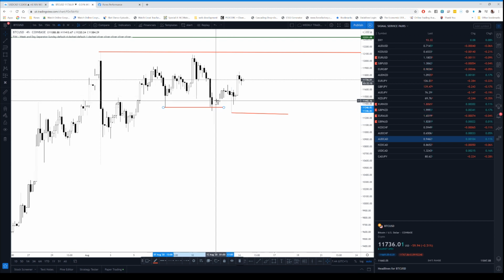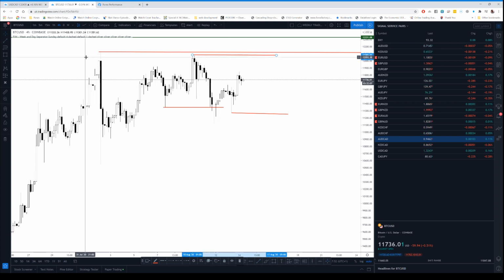It didn't break, it was a stop run, and then price comes back inside. So we do have this range on the daily to play with, on the 4-hour, but because we have engineered equal high in here, I don't see anything in here. This down candle was the problem, but we've gone past it.